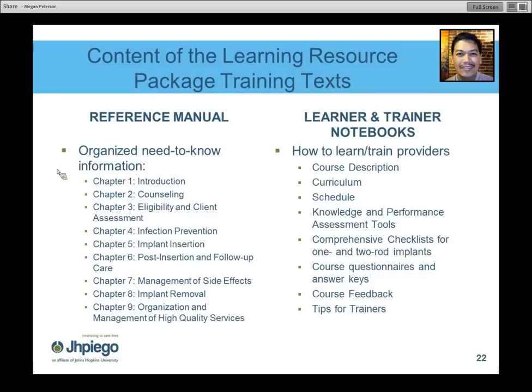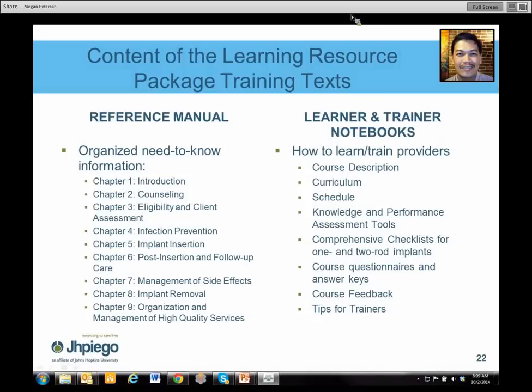Now, for the learner and trainer notebooks, the critical components include a course description, the curriculum and schedule, which we're going to see later on. We have knowledge and performance assessment tools. These are really about the key information that the provider needs to understand and be able to remember when providing services, as well as a checklist for the 1 and 2 rods.